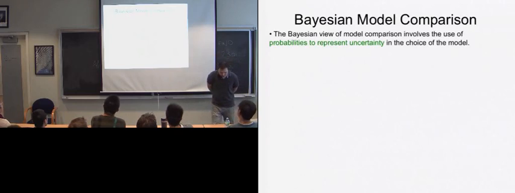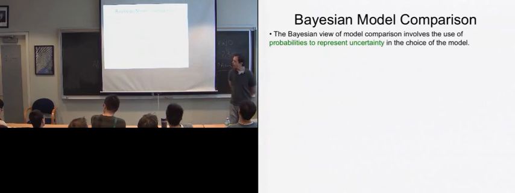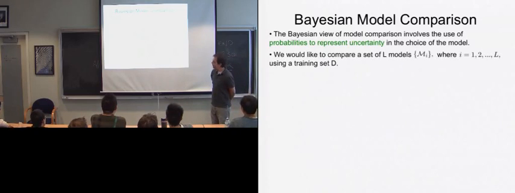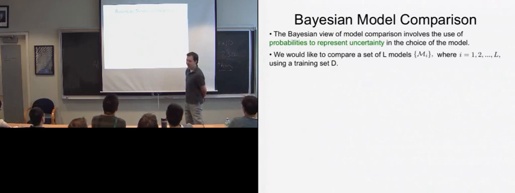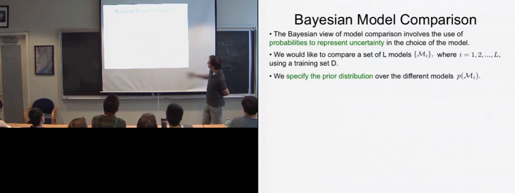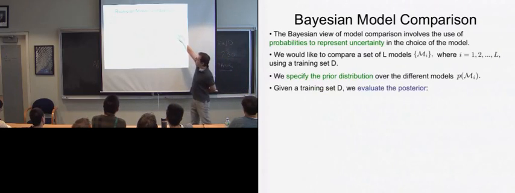Now, the second point that I should make in this class is Bayesian model comparison. That's another very big topic in machine learning and in statistics. It is as follows. Suppose we have a set of L models, M1 up to ML, and we want to compare them on a particular training set D. We can specify the prior distribution over different models.